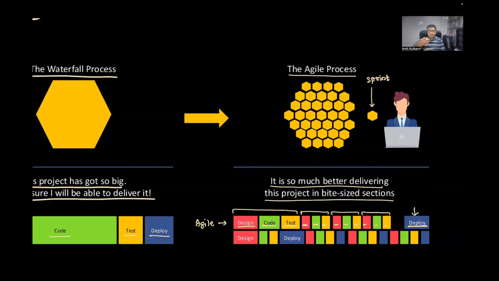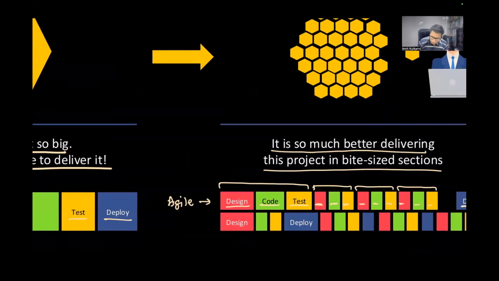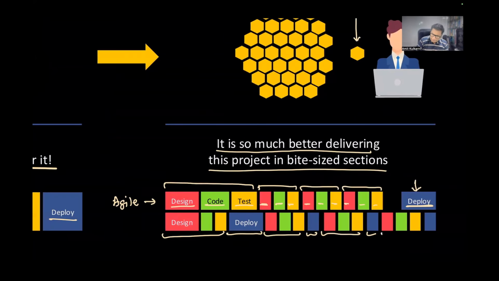But in the real world, the client wants to see, after every sprint, the current progress, which means once you're done with a particular sprint, you want to deploy whatever you have done. After the next sprint, you want to deploy again, and keep on doing it till the project finishes.